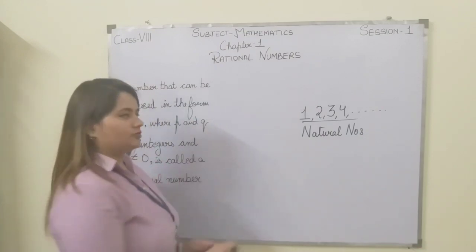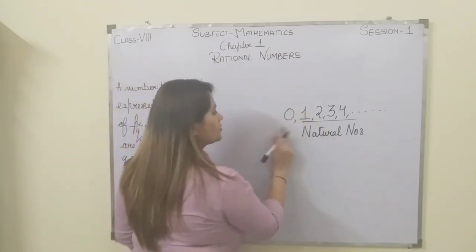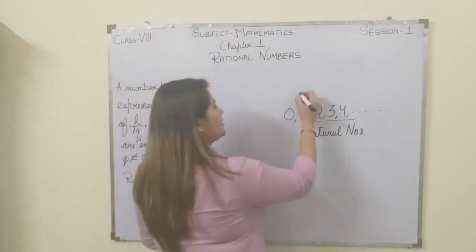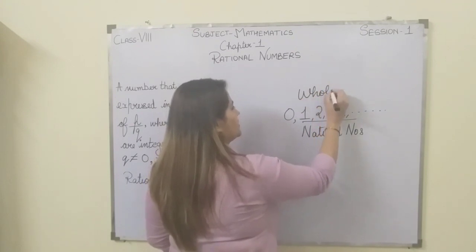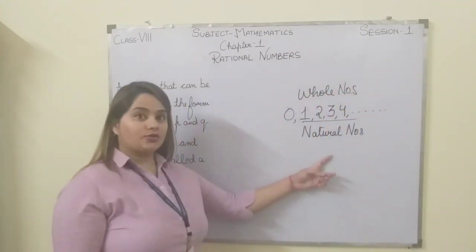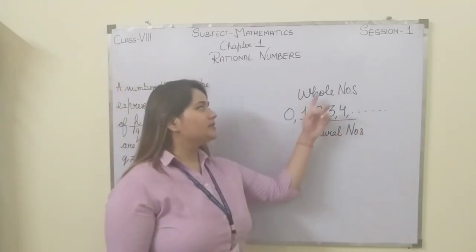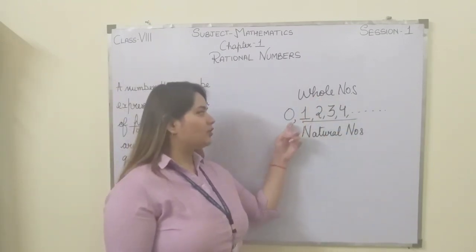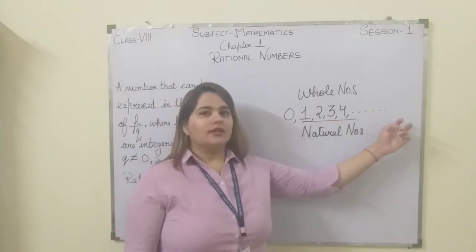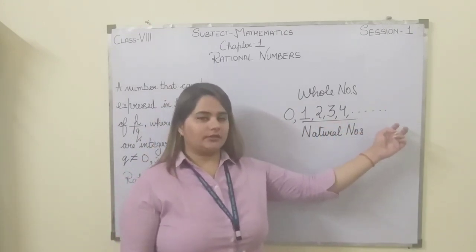If we include 0 to the set of natural numbers, it becomes whole numbers. So now 0, 1, 2, 3, 4 and so on, they all are whole numbers.